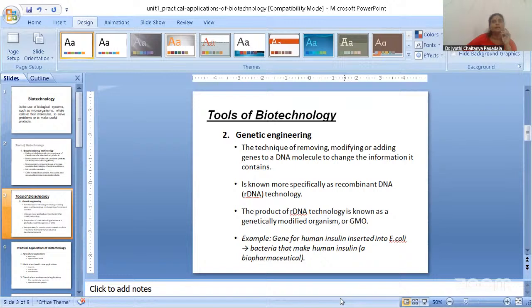The DNA and the tungsten or gold particles get inserted into the cell, and within 12 hours the inserted DNA gets inside the nucleus and is integrated within the plant DNA.